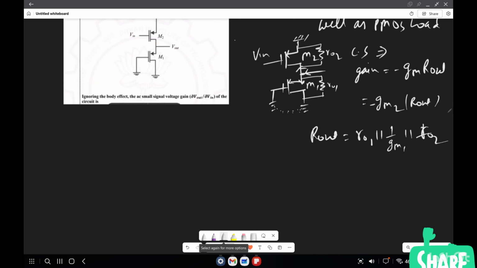That's why we can directly say the gain will be gm2 times r1 parallel with 1 by gm1 parallel with r2.